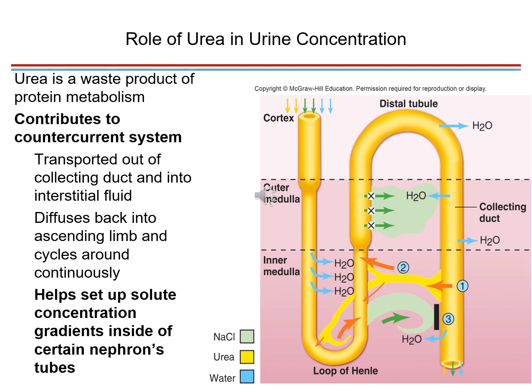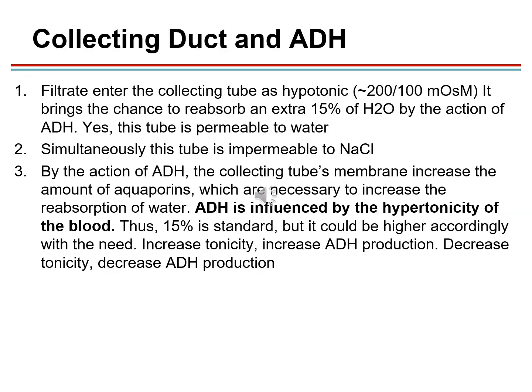From the capsule it runs into the proximal tubule and is not reabsorbed at all, but eventually urea can help keep the concentration gradient of these nephron tubes. We explained in several chapters before the action of the ADH in the collecting tubes.